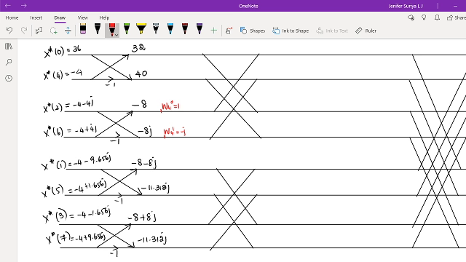So minus 8 into 1 we will get as minus 8, and minus 8j into minus j, minus into minus is plus, j square value is minus 1, so you will get again minus 8. So we have the values 32, 40, minus 8 and minus 8.